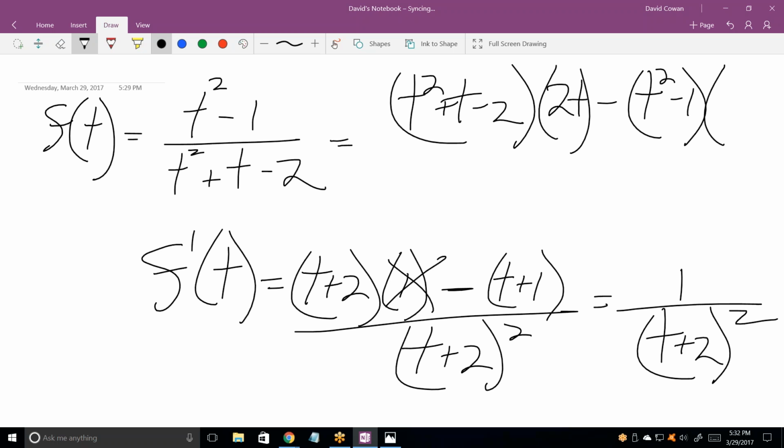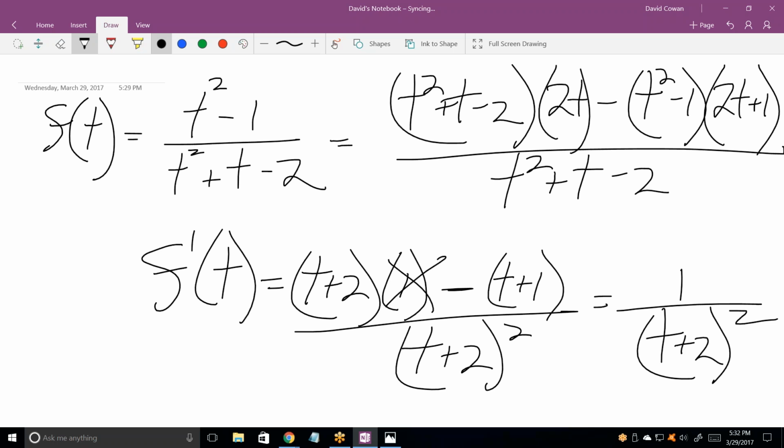The derivative of the bottom is 2t plus 1, all over the bottom squared. And look at how complicated that thing is. If I would have done it this way, I'd still be working on it, trying to simplify it.